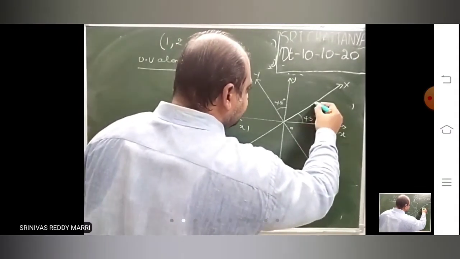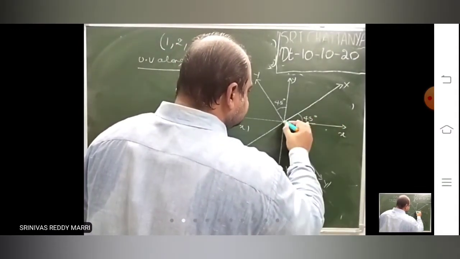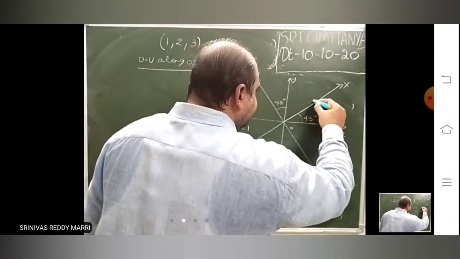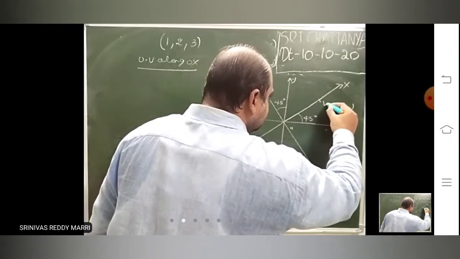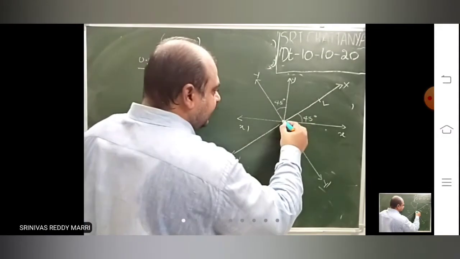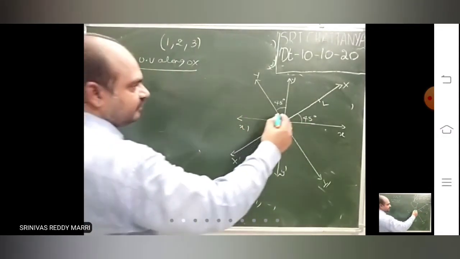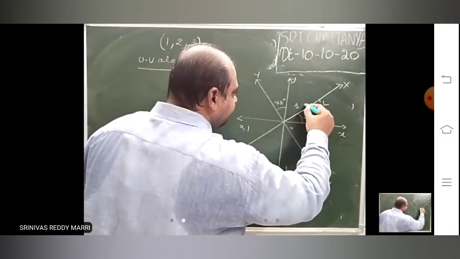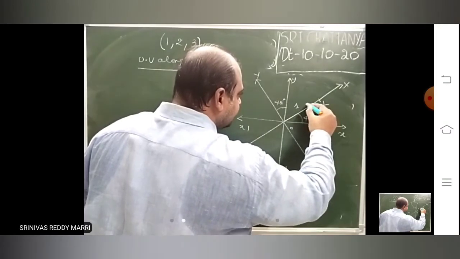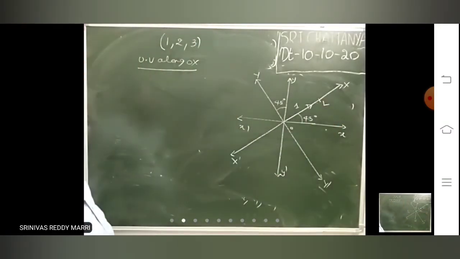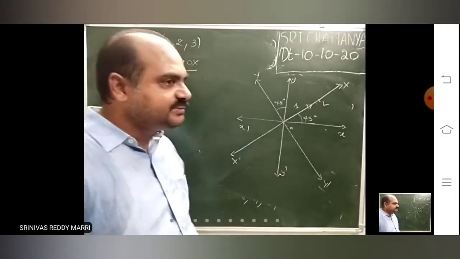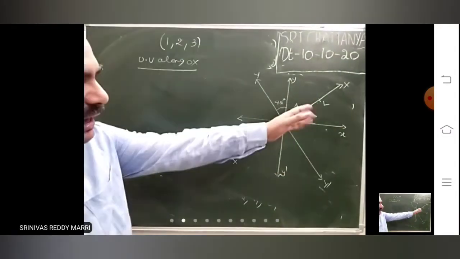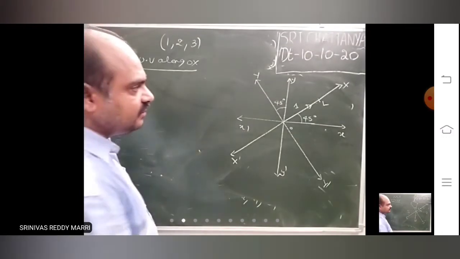For that, look at here, I take one point L on this. So let us say OL equal to 1. Then OL bar will be unit vector. On OX you take one point from origin, that is 1 unit. Then OL bar if you find out, that will be unit vector.